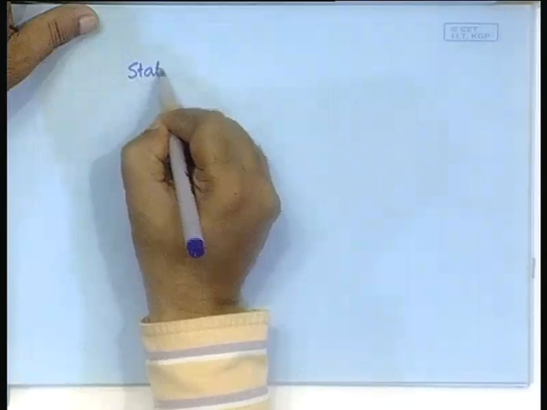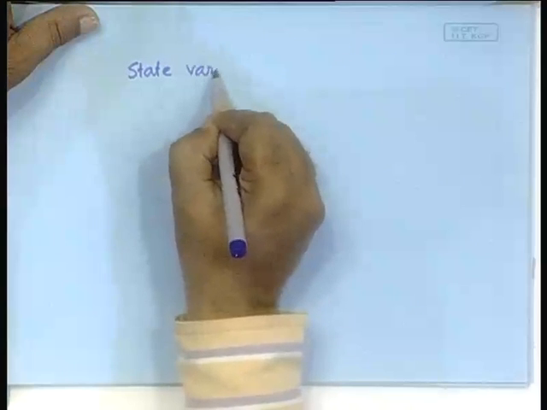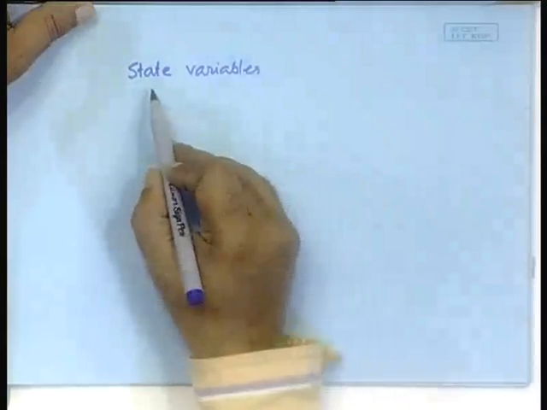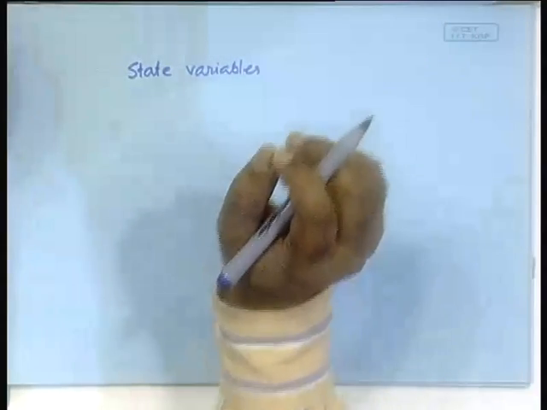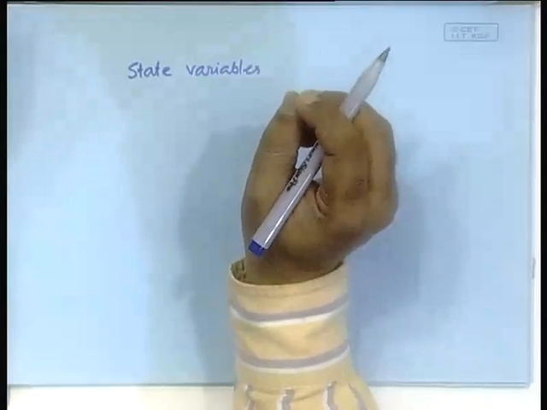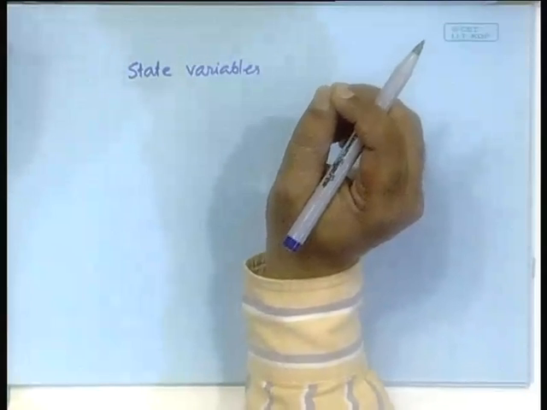There are a few variables, the state variables. Normally these are defined as the minimum number of coordinates that you need in order to specify the dynamical status of a system uniquely.